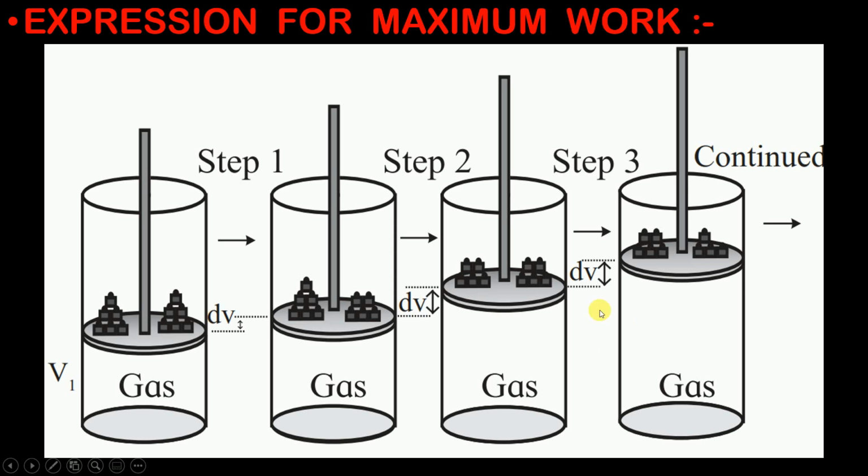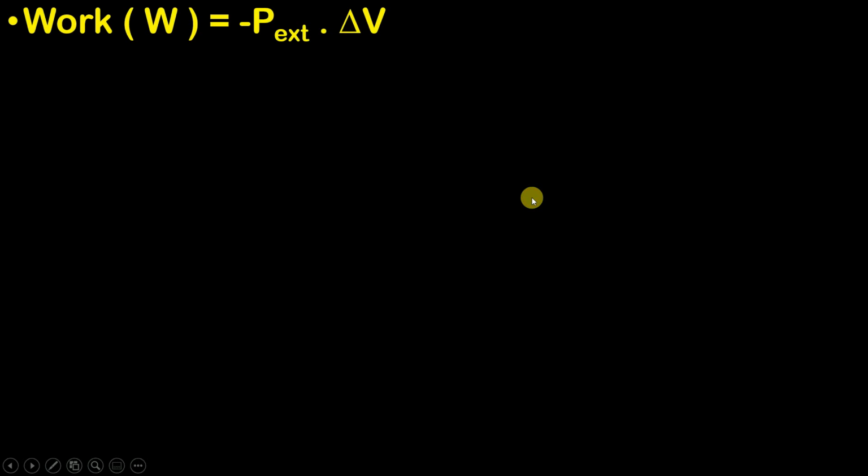And this way you can continue so that you get the maximum work rather than just simply removing all of this. So now let us derive the formula. We all know that work is nothing but minus of external pressure into change in volume.